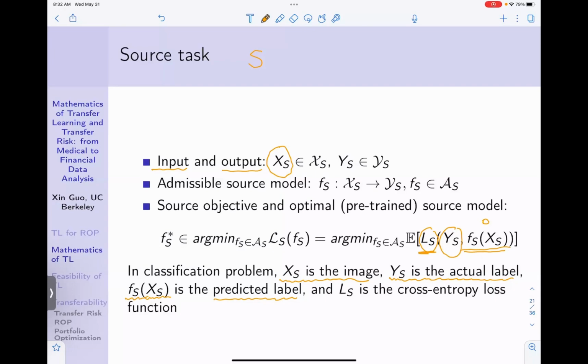So the loss function is with respect to the difference between the labeled data and the predicted label. This is basically an optimization problem on the source task. We try to find the appropriate model among all the possible choices, which is F_S, and then you solve an optimization problem. Very easy.